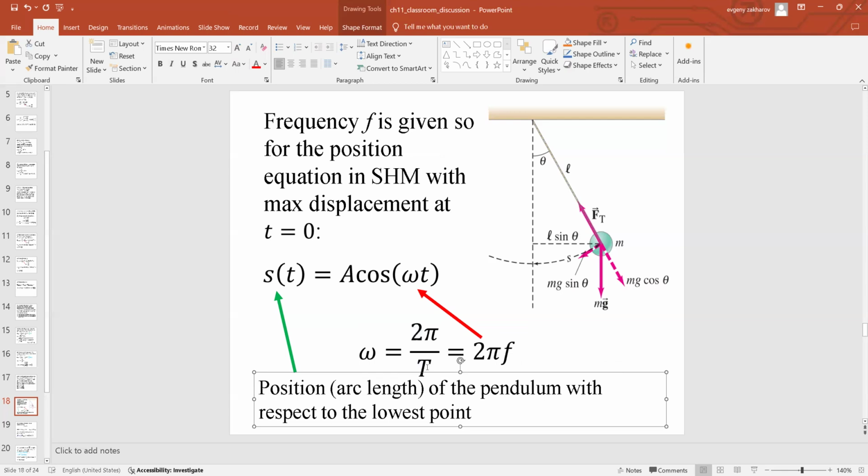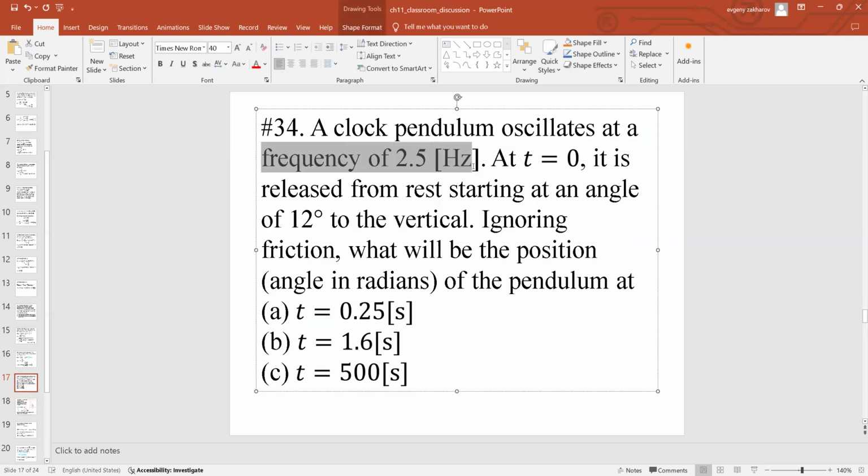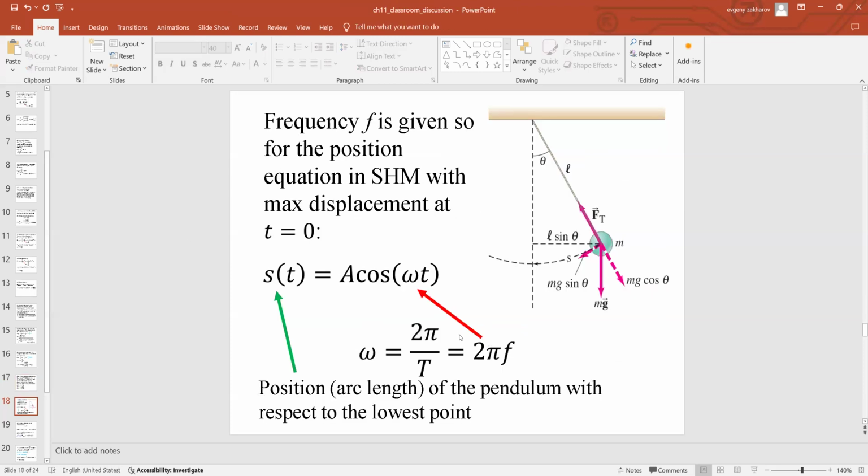So 2 pi over T, or the inverse of a period, that's what we call the frequency, and that's what's given. We do have the frequency given, and that's just linear frequency. It's not the angular frequency, it's not omega, it's the f. And f is right here. That's how you use what's given to create the equation for position at any moment of time.